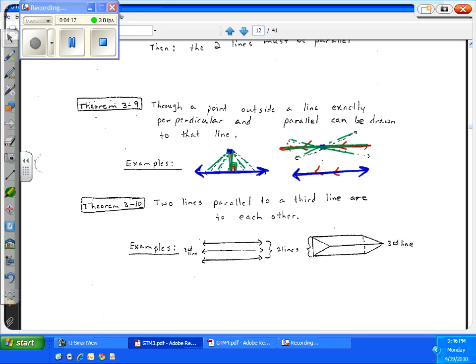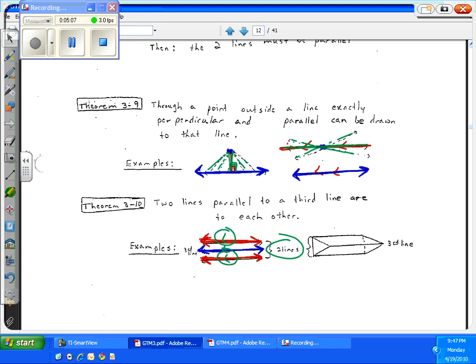The other theorem is that if two lines are parallel to a third line, in other words, if those two lines are both parallel to this same third line, this is parallel to this one, and this one is parallel to that one, then we can conclude that those two red lines must be parallel to each other because they're both parallel to the same line.